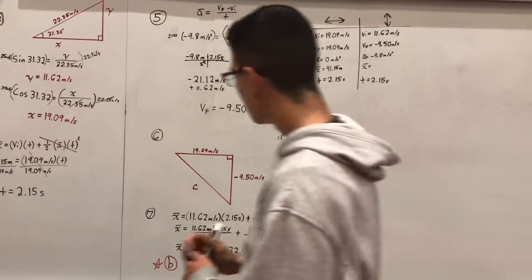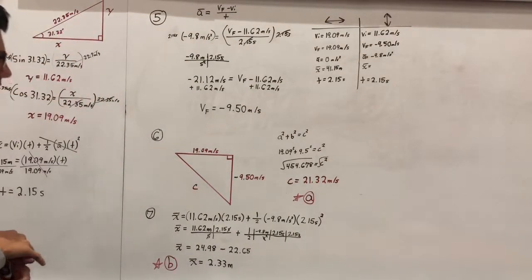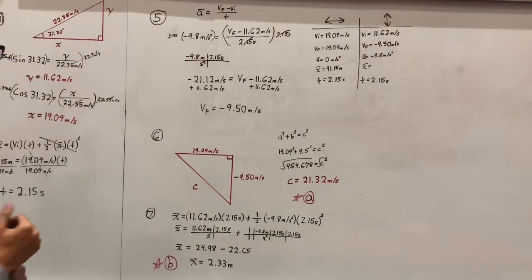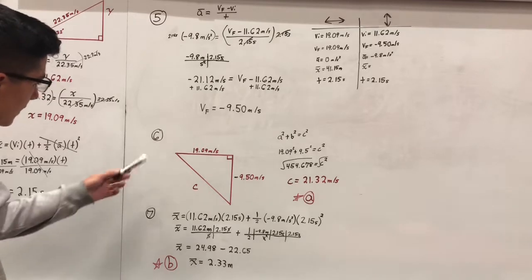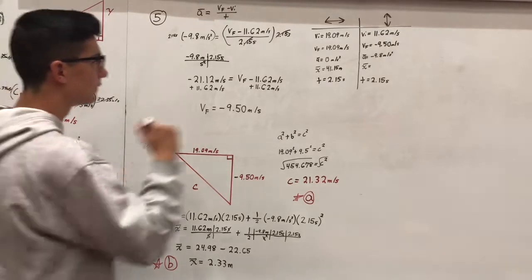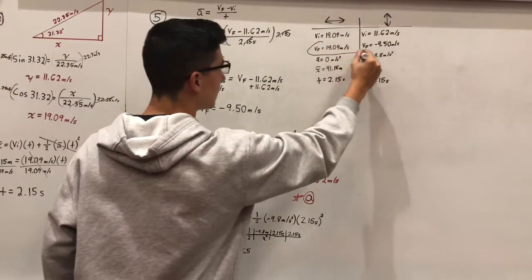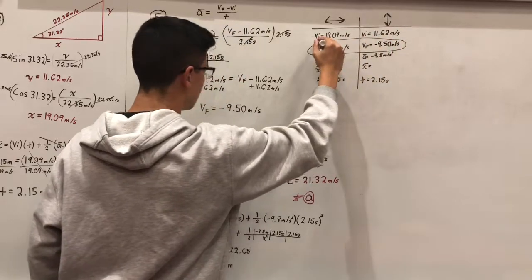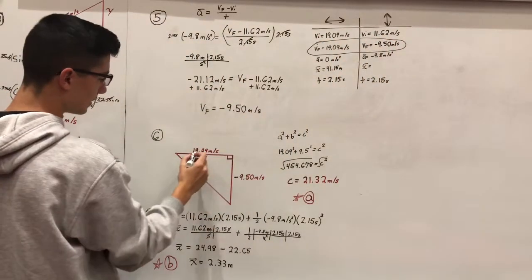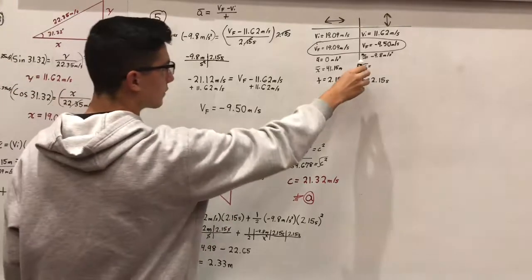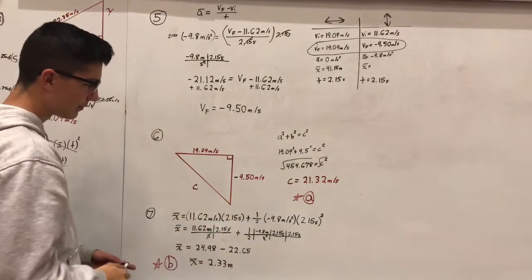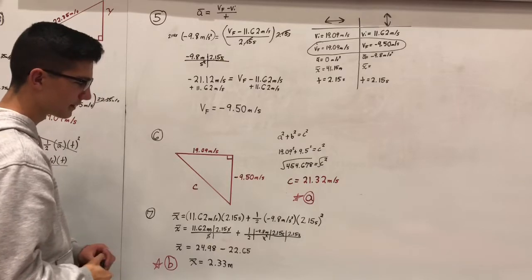So with this information, now we can finally solve our first question, which was find the speed of the ball as it reaches the 50-yard line. So we could start by using the final velocity of both now. For the horizontal, it'll be negative 19.09 meters a second, and for the vertical final, it'll be negative 9.50 meters a second.